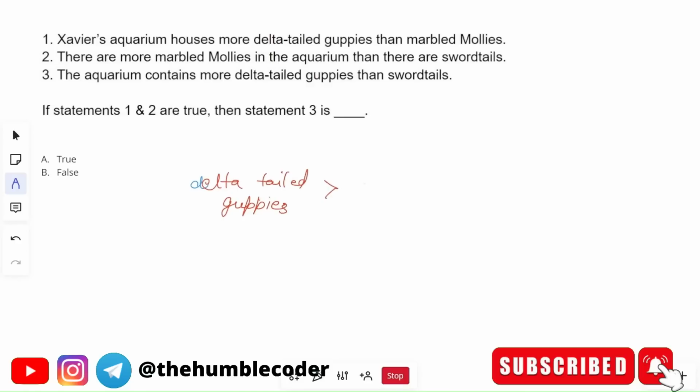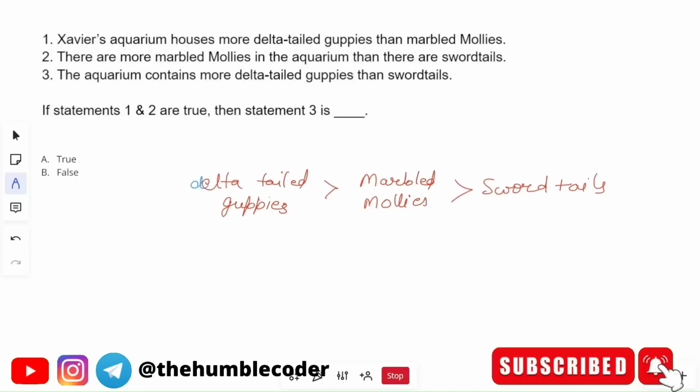This is more than what? Marbled mollies, okay. We have written this one. Now what is the next statement saying? There are more marbled mollies in the aquarium than swordtails. So we can write this, okay, because marbled mollies are more than what? Swordtails, right? Next, third statement is the aquarium contains more delta-tailed guppies than swordtails, right?